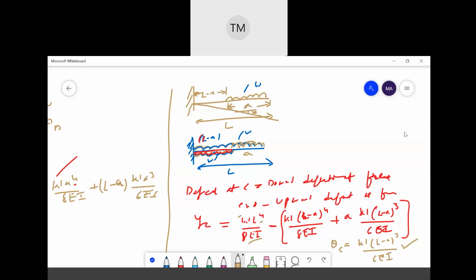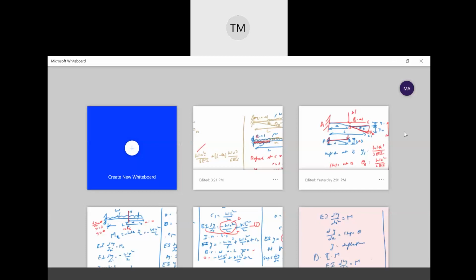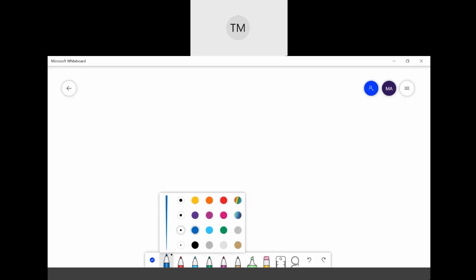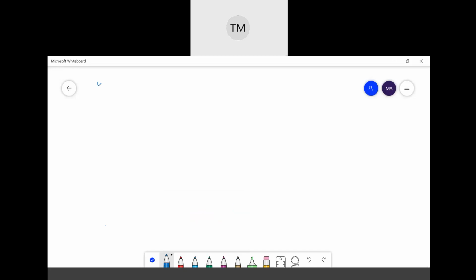So first we are solving one problem on Macaulay's method. It asks you to find the displacement, that is nothing but the deflection, and the slope at the free end of the cantilever beam shown in the figure.